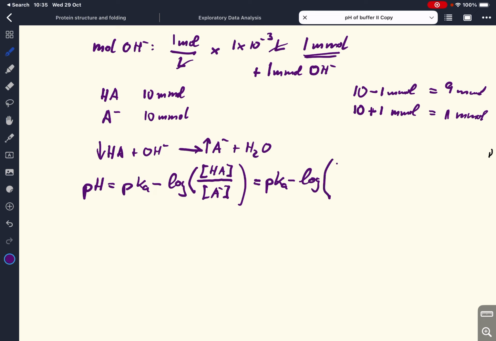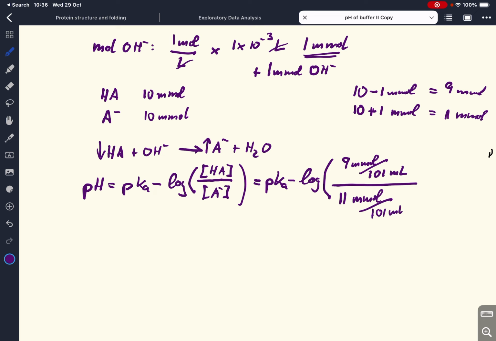We said we've got now 9 millimole in a volume of 100 plus 1, so 101 milliliter, divided by the new base concentration, that is 11 millimole, and the same volume, 101 milliliter.